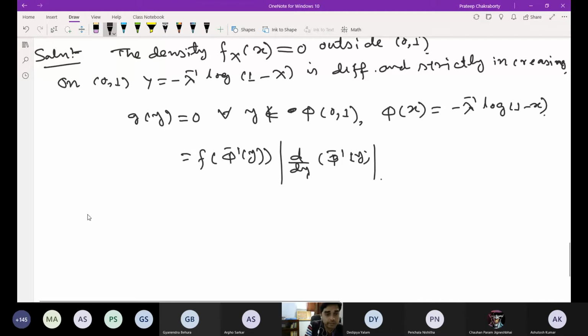Now x belongs to 0 comma 1 implies y belongs to 0 comma infinity.